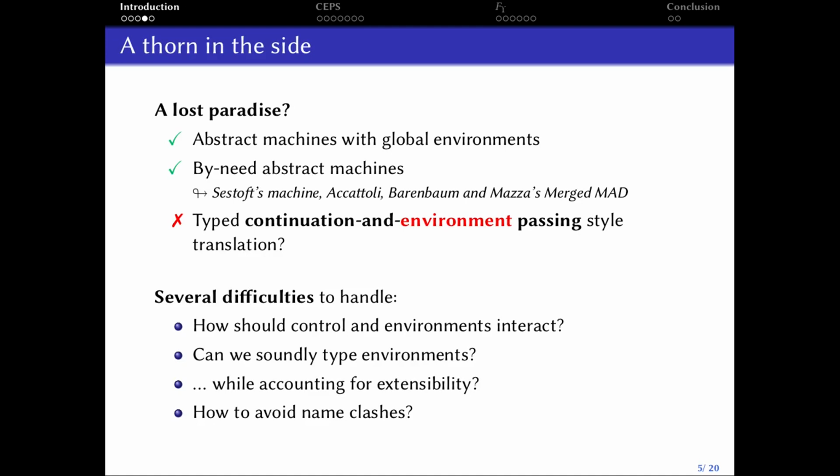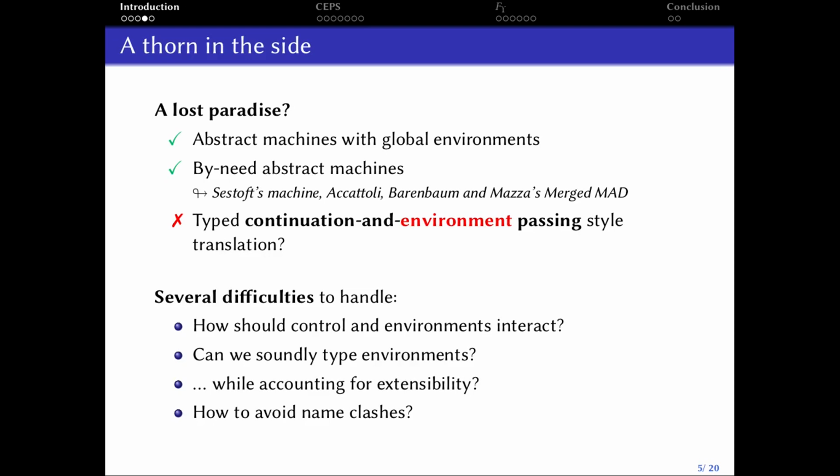The first one is to understand how the control and the environment should interact. So how to define, for instance, a classical calculus with lazy evaluation. This is already done. I will explain this afterwards.